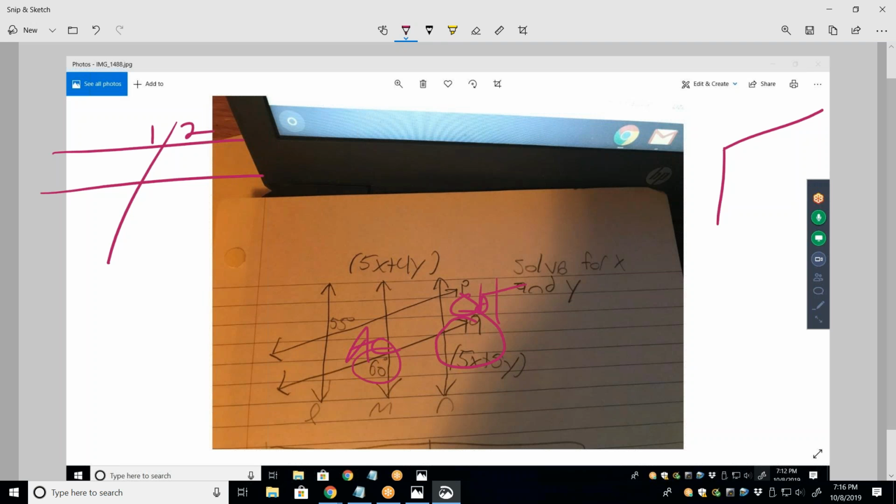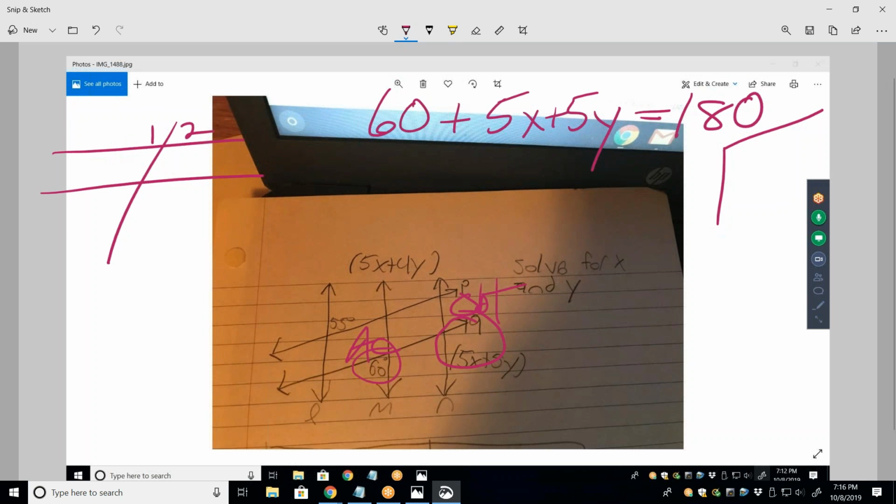So I can write the following. 60 plus 5x plus 5y equals 180. Geometry is all about being able to set up an equation and solve it. That's what virtually all geometry problems are about once you get beyond proofs.